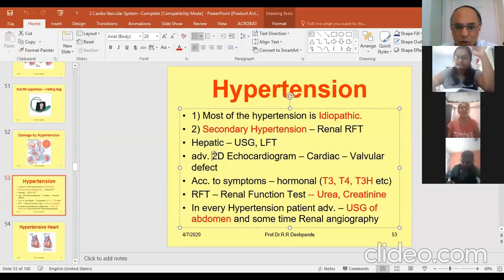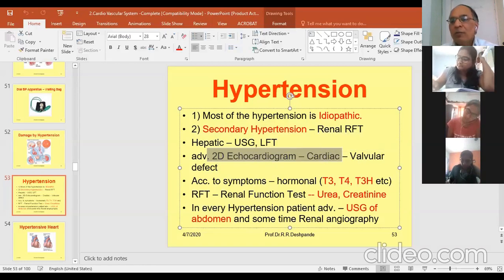Then you can also do the 2D echo to rule out a valvular problem. If there is mitral stenosis, aortic stenosis, tricuspid stenosis, write down all the names of the valves. These valves are narrow. Narrow is stenosis. There are again three words. Write down three more words.